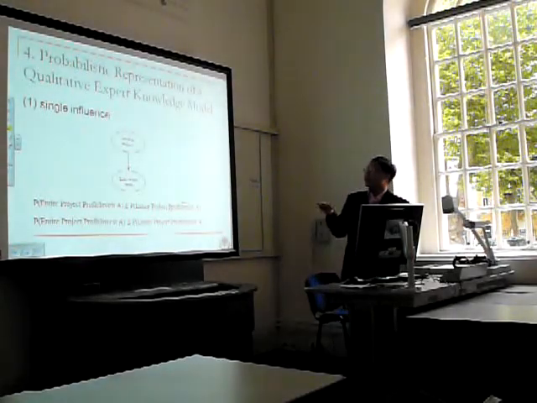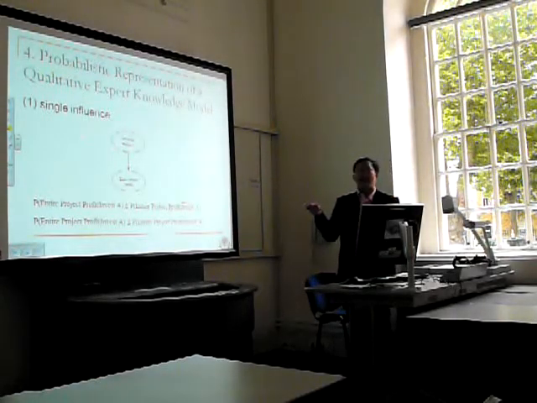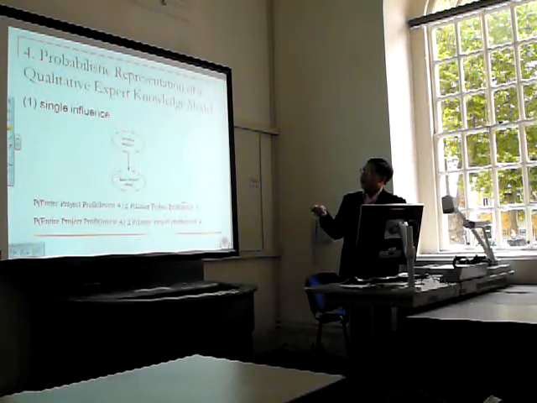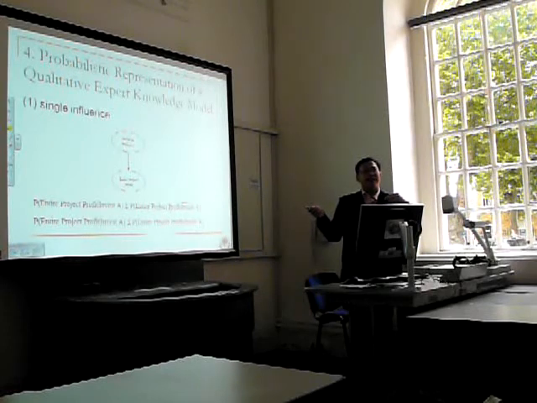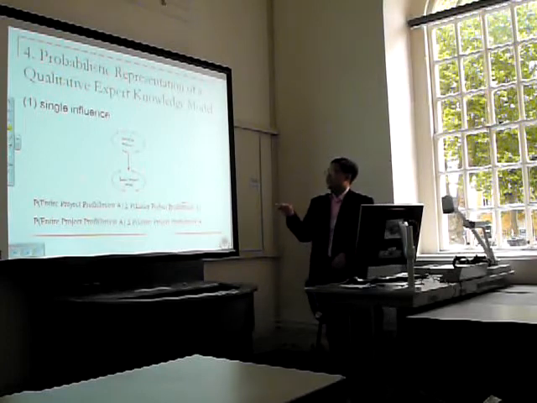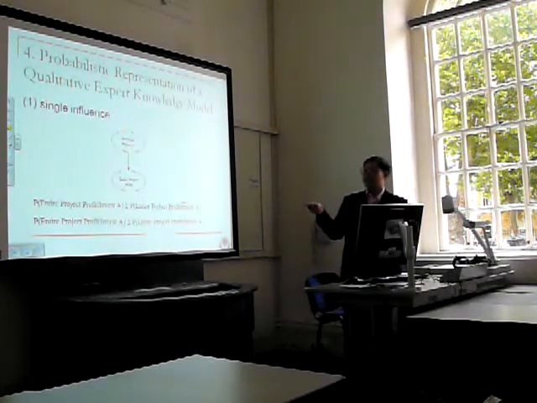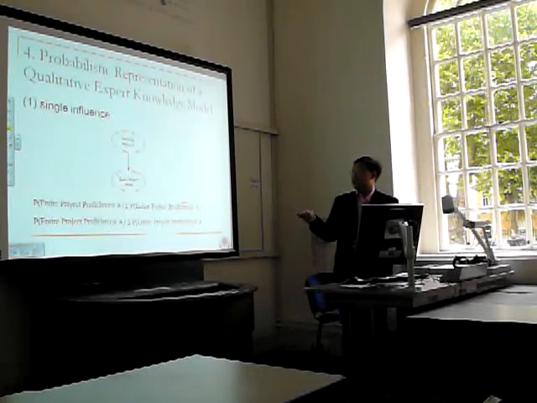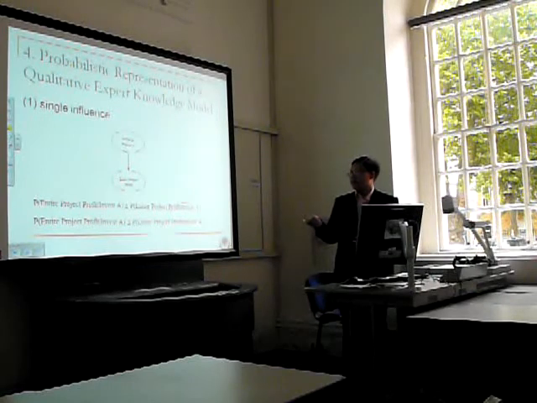In the single inference, we have one parent node and one child node. A parent node has a single positive or negative inference on the child node. In the first case, if the parent node, invested in project A, has a single positive inference on the child node, entire project profit, the first inequality equation was derived.